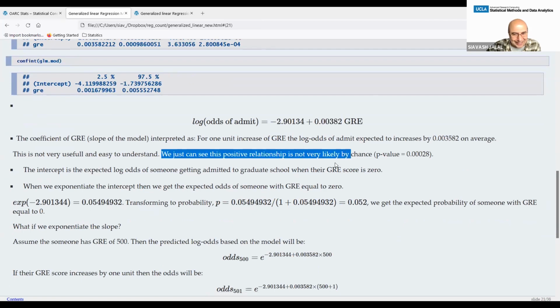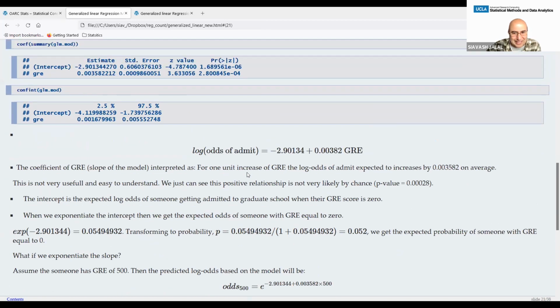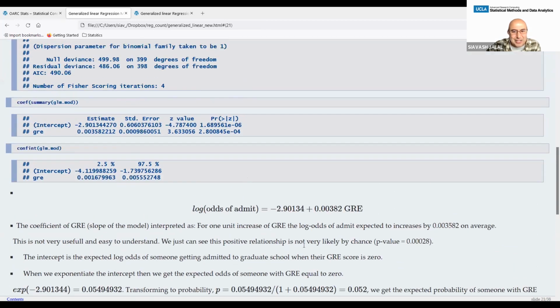This is not correct. The p-value says we can see this positive relationship is not very likely by chance, given that you assume there is no relationship between GRE and the admission, right?